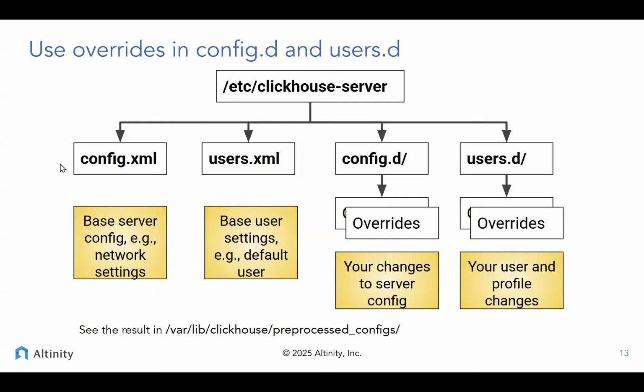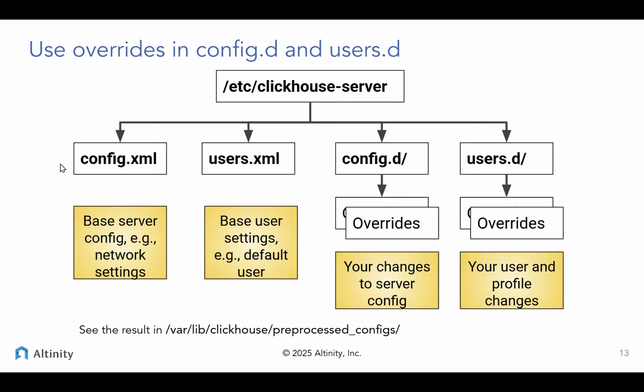And there's users.xml, which is where you set up your baked-in users for ClickHouse. In general, when you're creating accounts for ClickHouse, you use SQL commands to do this. We call this role-based access control. But the default user, the root user if you will, and any other users that just need to come up baked in, you'll define in users.xml.